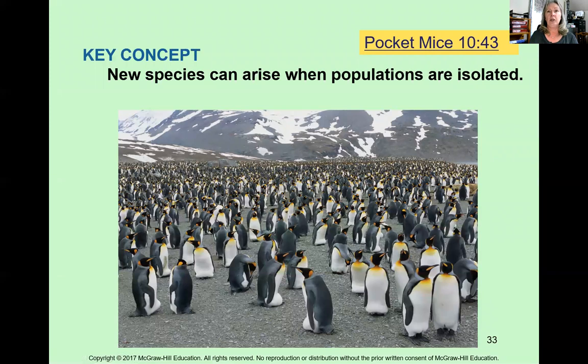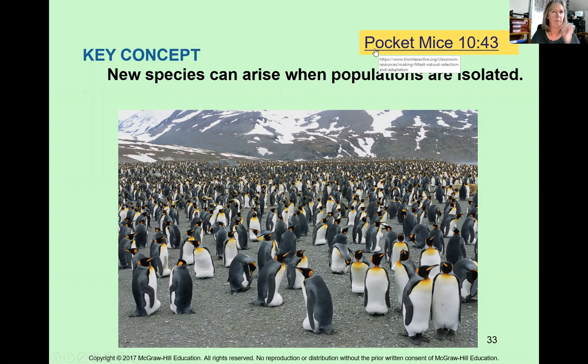When you get a chance, go to the slides and look at the pocket mice. It's a really short video clip, but this is a really good video, an actual case of pocket mice, and how long it took the alleles or traits in its population to change within a very short period of time.